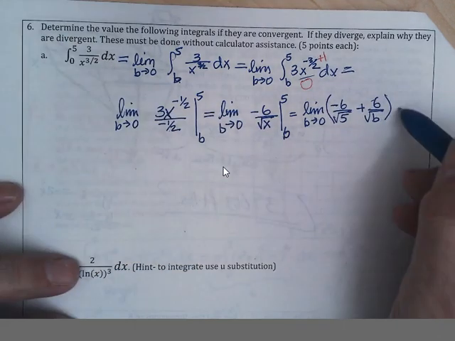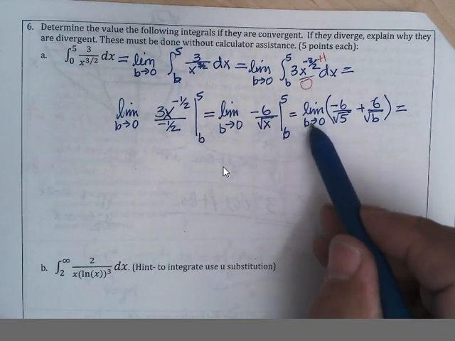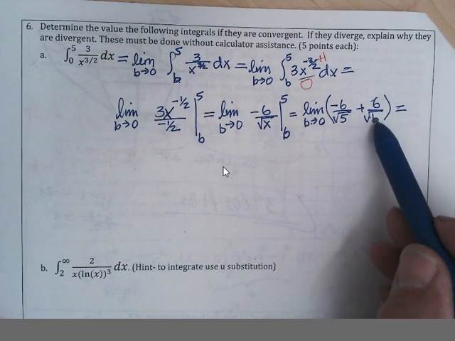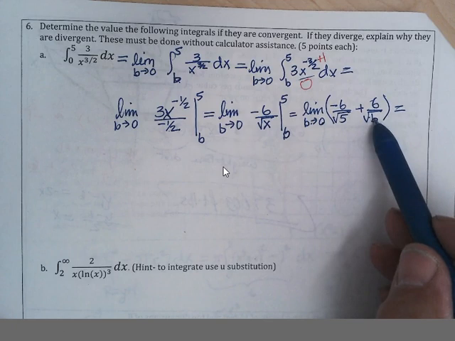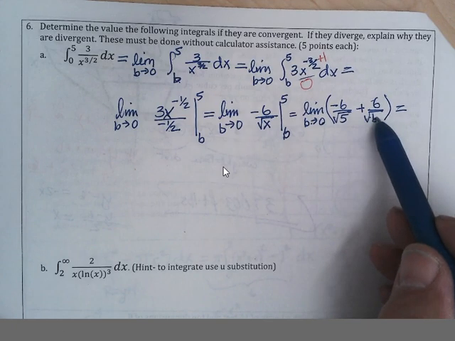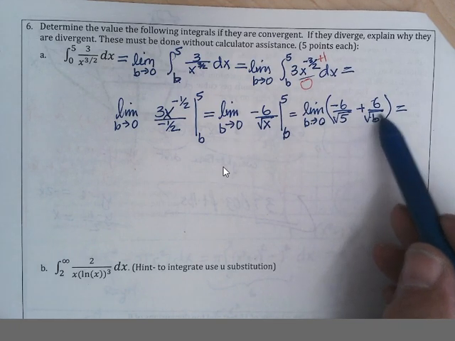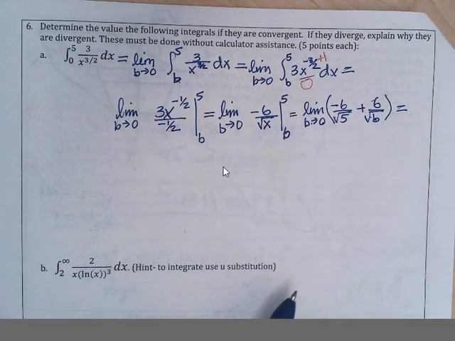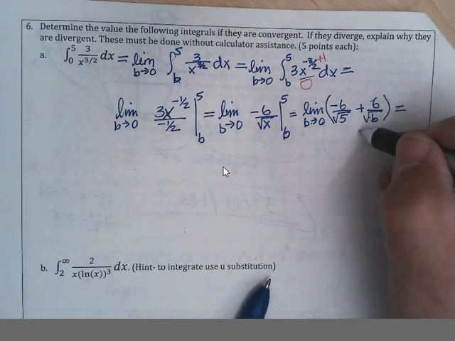And now I got to try to figure out what happens when b goes to 0, gets really small. Well, the square root of close to 0 is really small also. So this fraction, 6 divided by really small, that fraction will get really large.